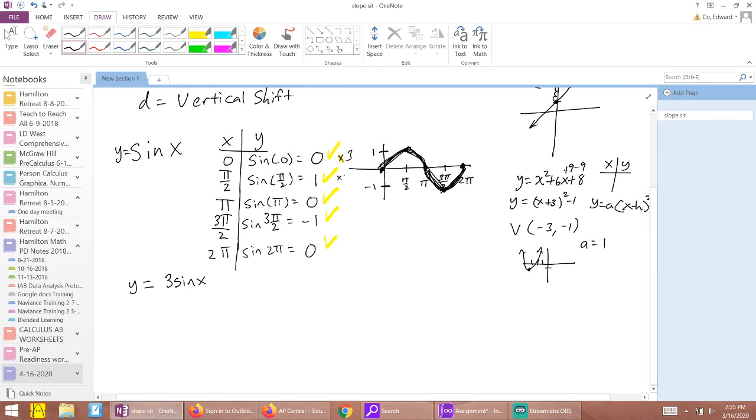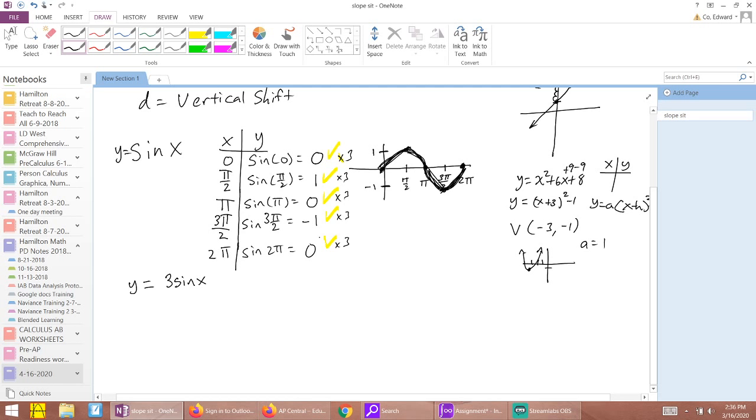That seems like not that bad of a deal. But here's our fast way of doing it. If you look at the numbers that we graph, 0, 1, 0, negative 1, and 0, times 3, those numbers are actually still going to be pretty easy. It's going to be 0, 3, 0, negative 3, and 0.